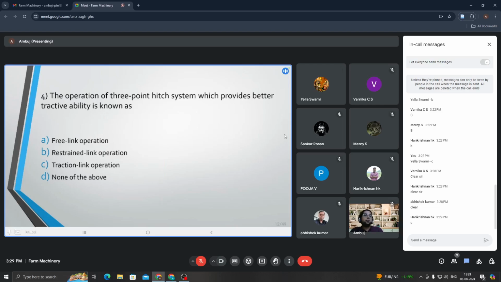According to you, which will give more tractability? Traction link operation. Okay, traction link operation. Great. I'll just write here.